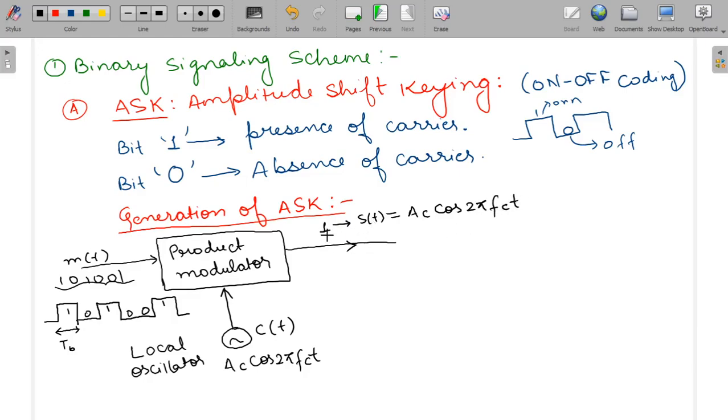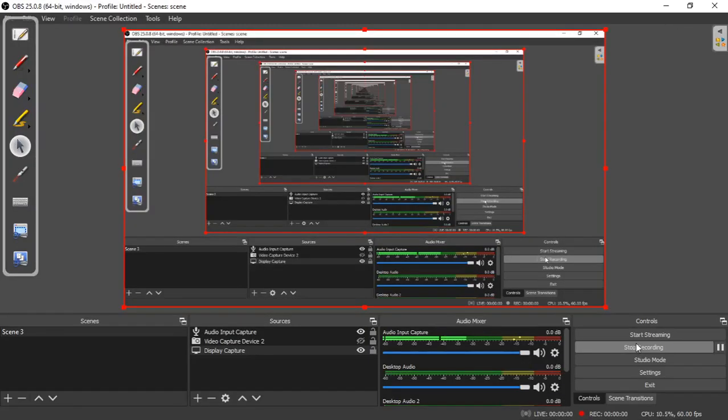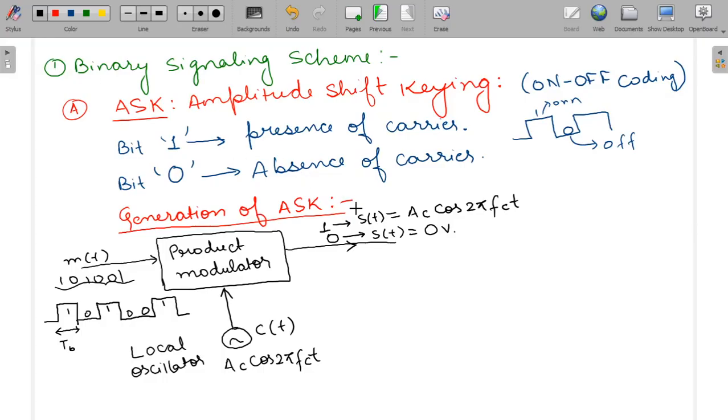Now when it is 0, then our output signal s(t) will be 0 volt. Okay, up to this clear?